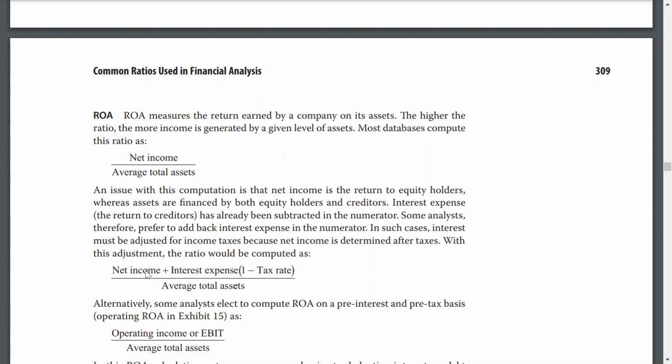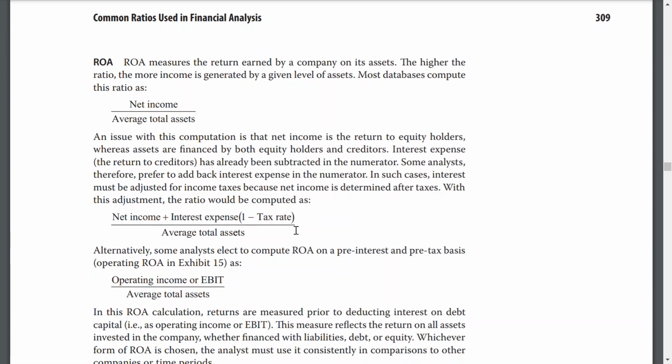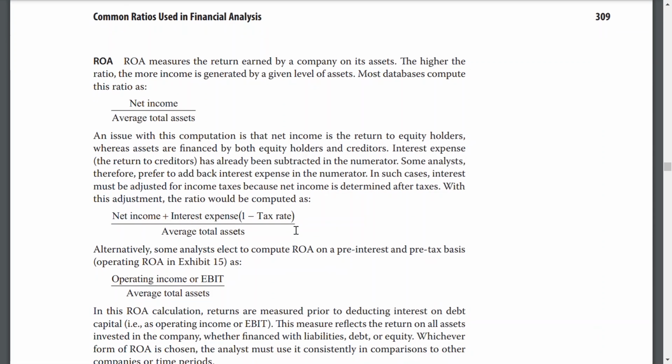Interest expense has already been subtracted in the numerator. Some analysts therefore prefer to add back the interest expense in the numerator. In such cases, interest must be adjusted for income taxes before net income is determined after tax. So with this adjustment, the ratio is as such.